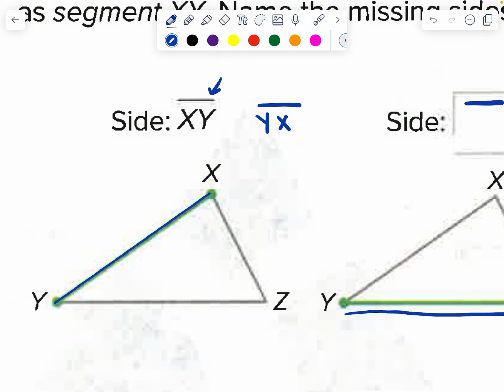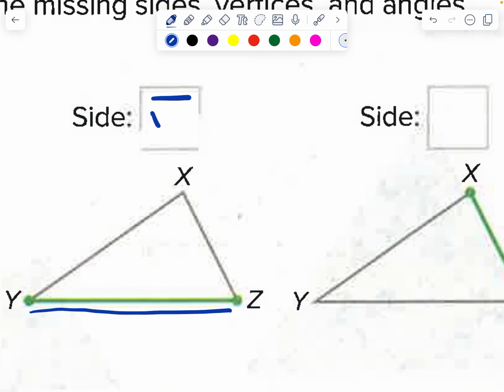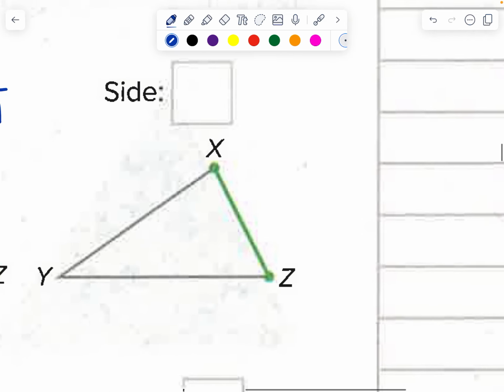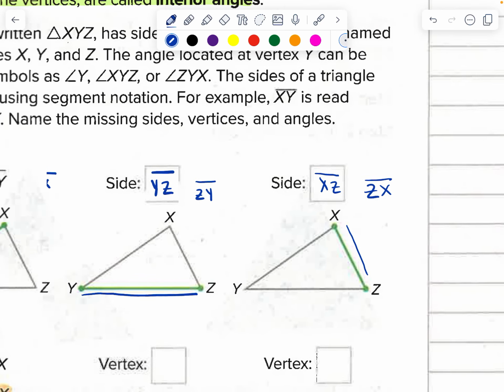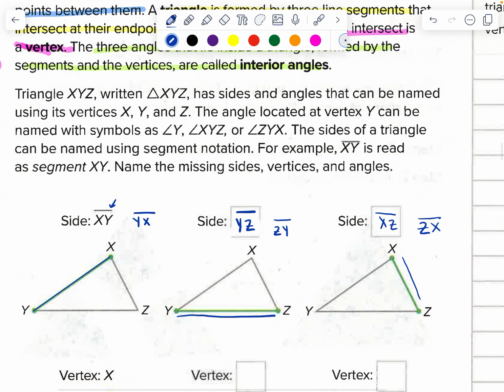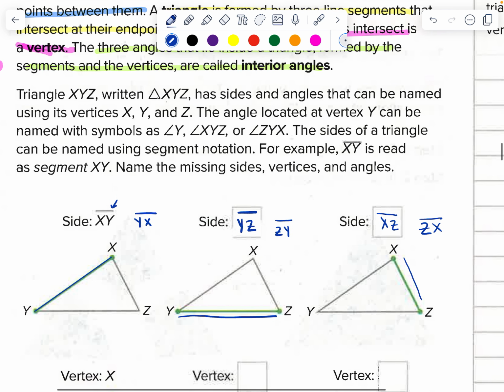Usually I do alphabetically, but it can be either way. This one right here can either be YZ, I like alphabetically, or it could have been ZY. This one over here, the one that goes this direction, would be XZ. Again, I like alphabetical. So when you are naming the sides, you put the line segment symbol on top. Okay? Anytime that you're naming them, you put the line segment on top.